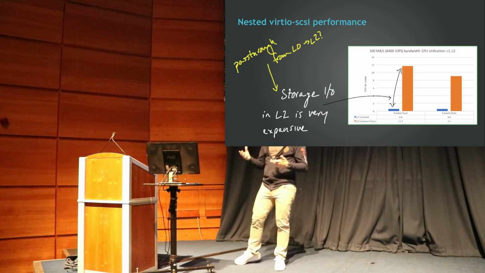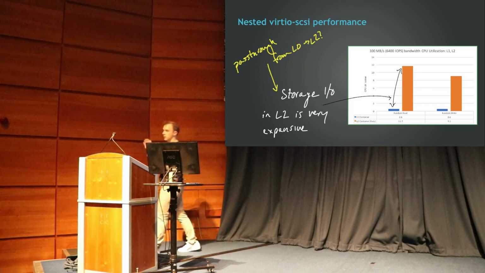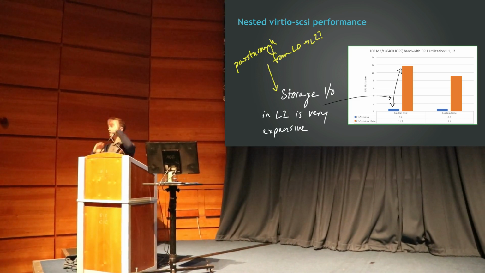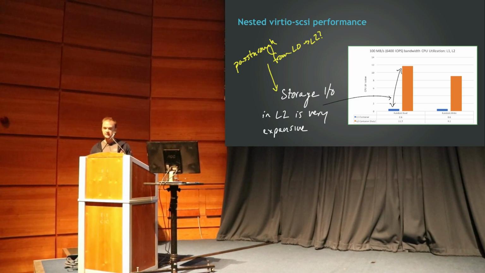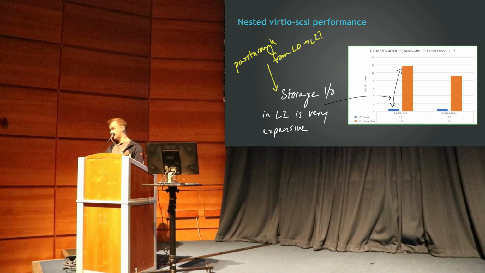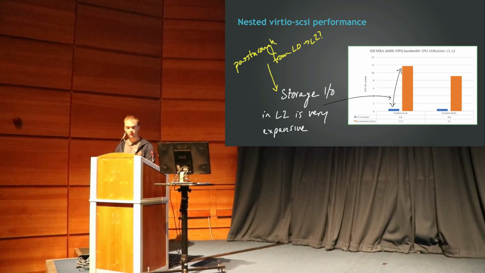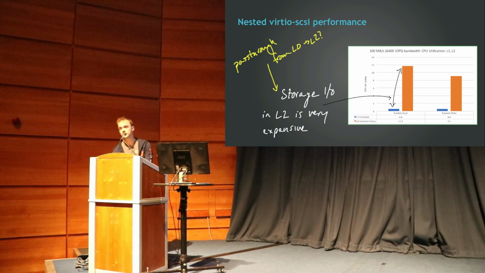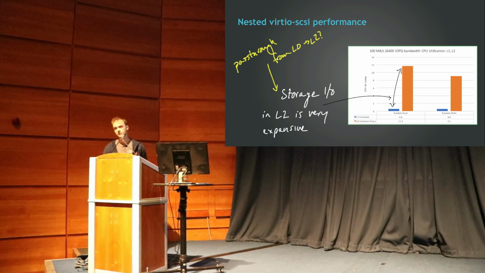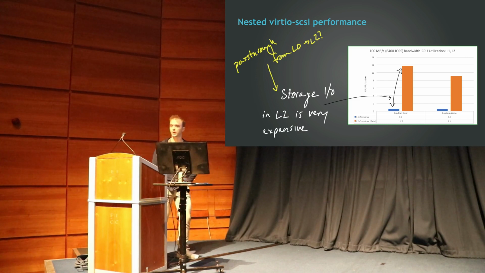There is no L1. So we need some way to be enlightened and to pass devices all the way to L2 and not be going through two layers of block storage. I think this is a pretty interesting area. Even if you do that, we have to figure out how the interrupt routing is going to be handled. That's still going to be quite an overhead. So I don't know. We'll see. With VFIO now, you could pass the devices.